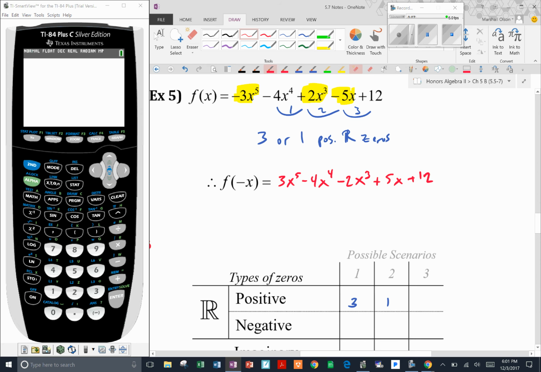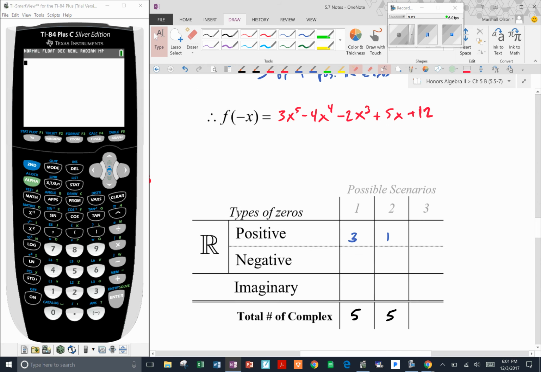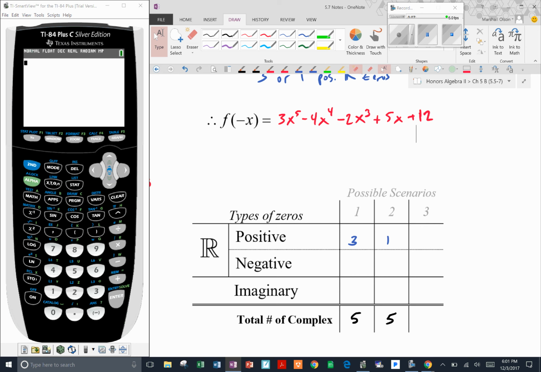We don't need to worry about the fact that there's no quadratic term here. That doesn't affect the counting of the sign changes. So let's count some sign changes here. We've got a positive to a negative to a positive. So we have 1 and 2 sign changes, which means we have 2 or 0 negative real zeros.